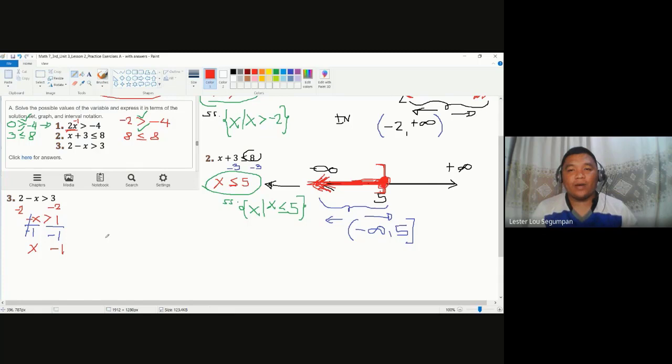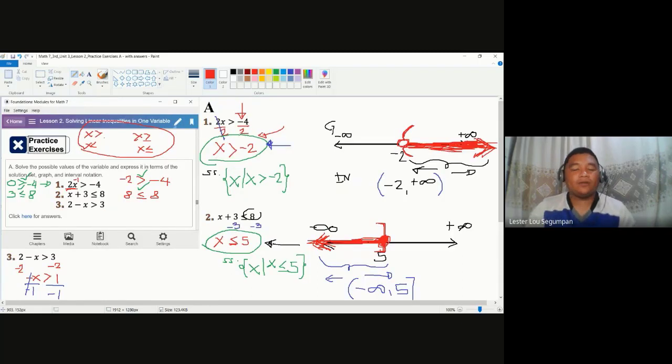I'm pausing for a while because there is a point that I need to emphasize here. Earlier in number 1, we divided both sides by a positive number. Our divisor or denominator is a positive number. Division property of equality tells us that the sign remains the same.